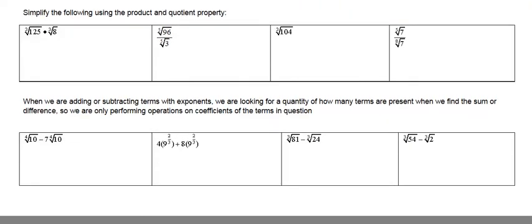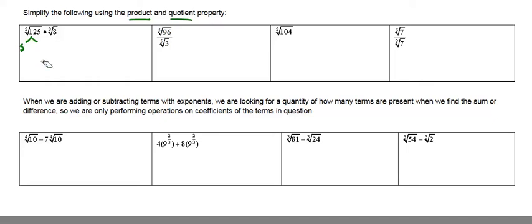Okay, so we want to simplify the following using either the product property or the quotient property. And I'm going to start with a review of some of the stuff we talked about with taking square roots. If I want to simplify the cube root of 125, I'm going to break that down by making a factor tree, just like we did with square roots.